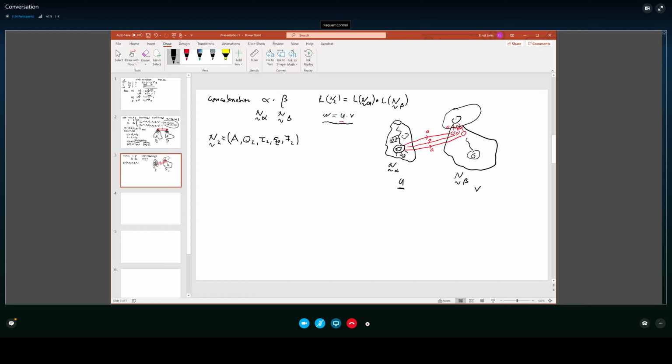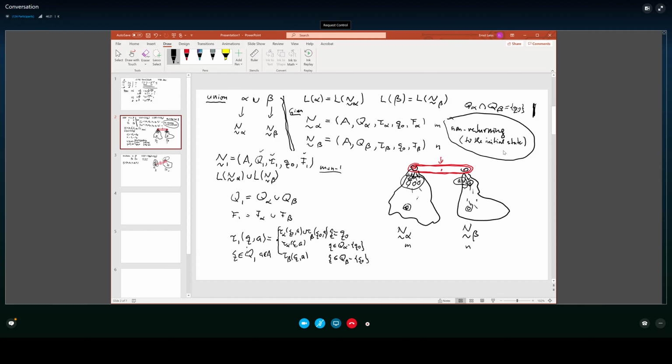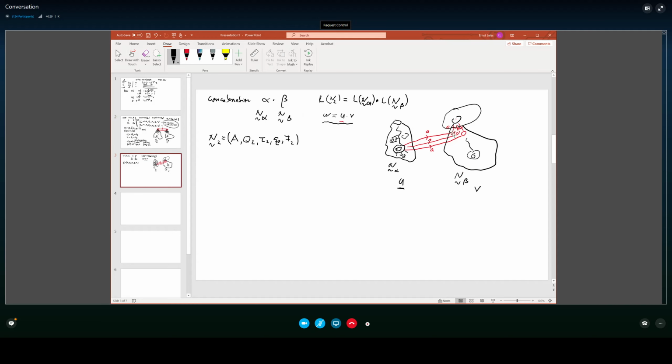Remember, by assumption, these are non-returning, so you can't get back to the initial state of the second automaton. And because we are bypassing the initial state, going directly from these states to where the transitions from the initial state lead, we can't really get to that initial state of the second automaton, and therefore we can essentially make it disappear.